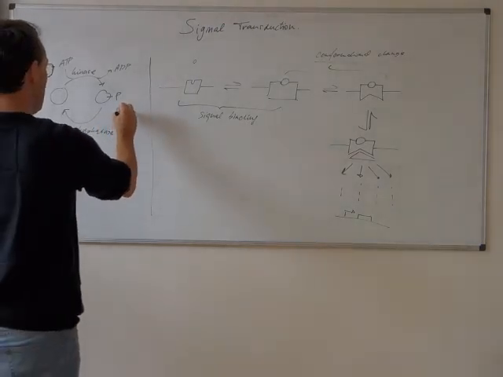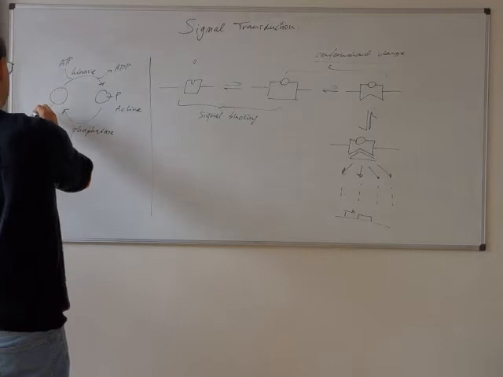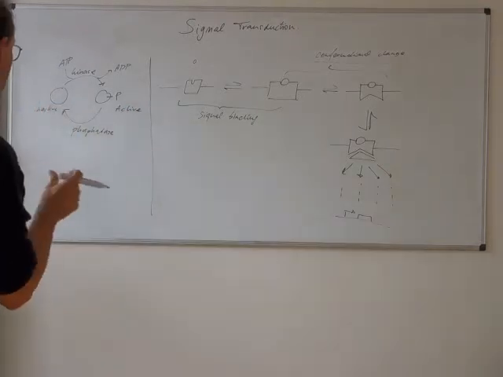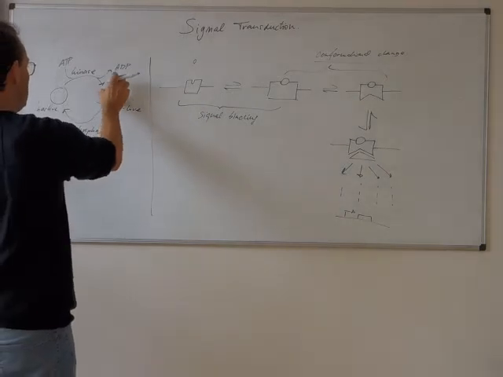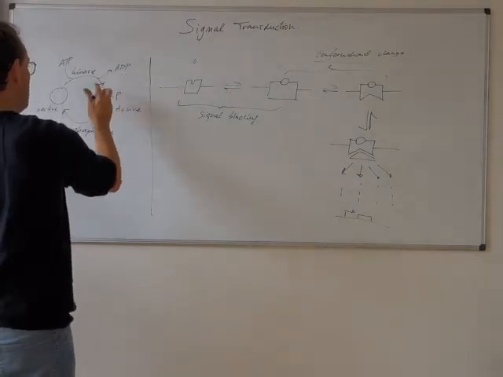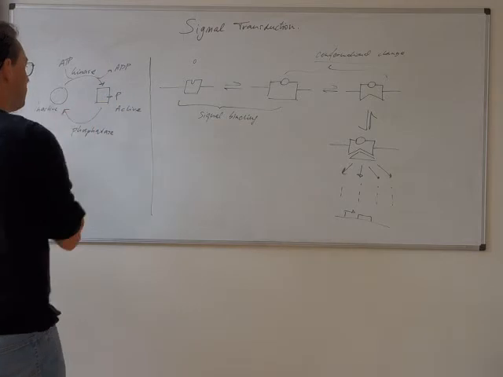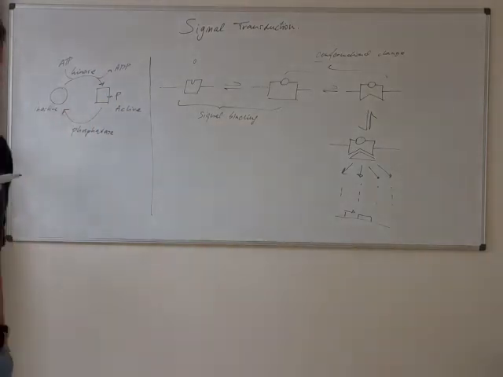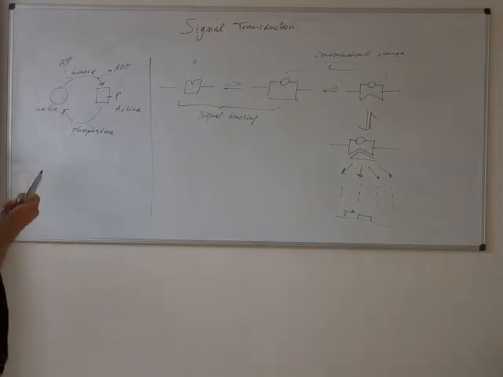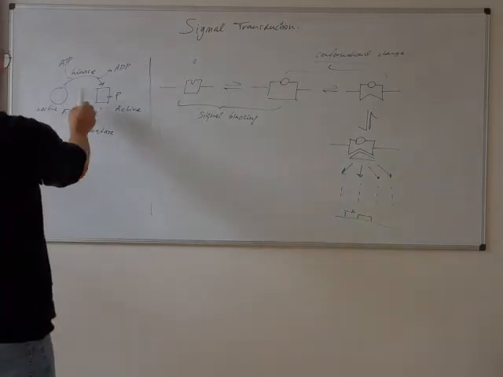This is typically an active protein, and this is typically an inactive protein. And the essential feature here is that the protein changes conformation upon phosphorylation and upon dephosphorylation. Okay. So this is another way by which proteins can become activated.